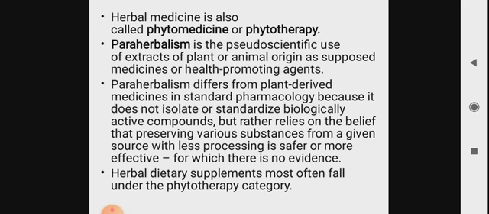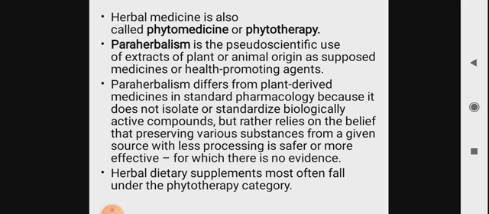Some plant derived medicines used to treat diseases or disorders or as health promoting agents are called paraherbalism. Herbal dietary supplements most often fall under the phytotherapy category.